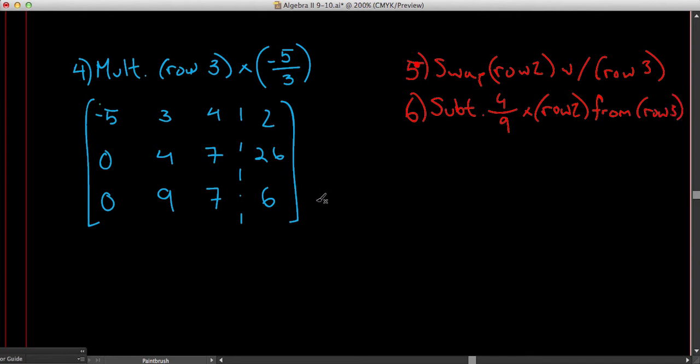Okay, so keep in mind that we're now, so this is now row 1, this is now row 3, and this is now row 2.